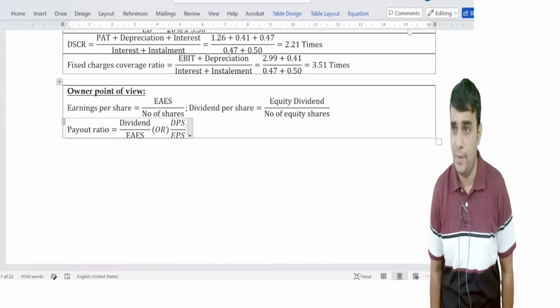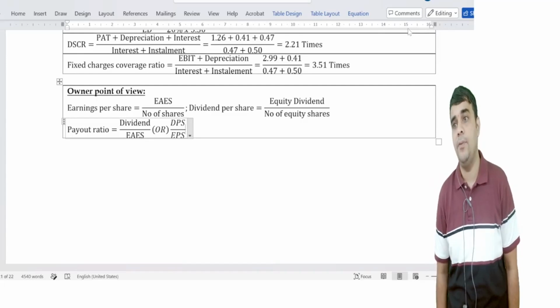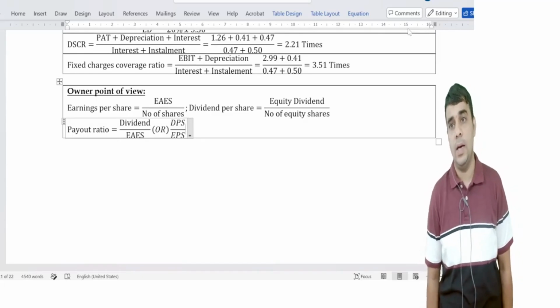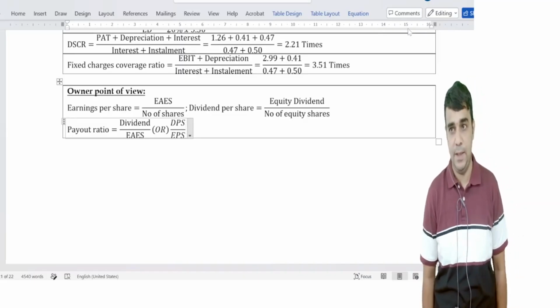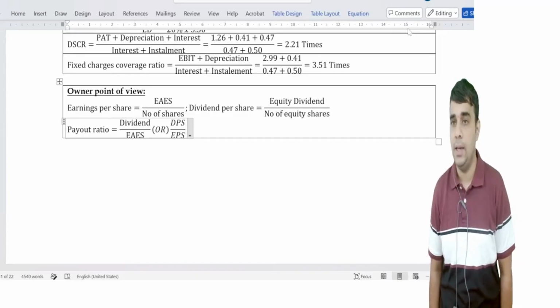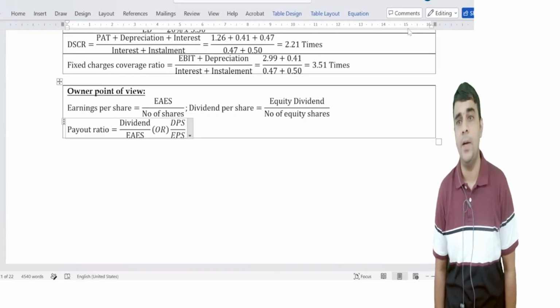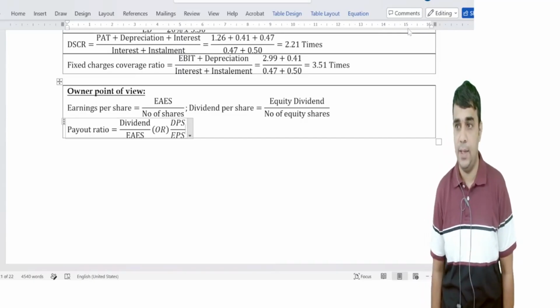At the overall level, it is total dividend divided by total earnings, that is, total equity dividend divided by total earnings available to equity shareholder.